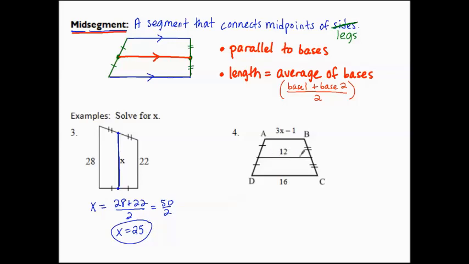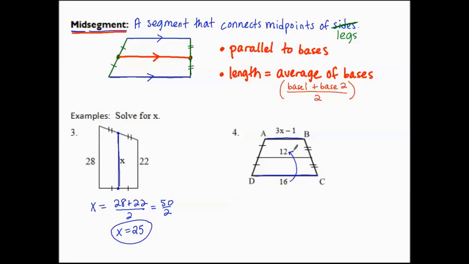This time I already have the midsegment. So think about how we are going to find this length right here. Well, remember that 12 is right in the middle. It has to be exactly in between this length up top and this length down bottom for the other base. Well, a couple ways we can do this. One way perhaps to think about it is to go from 16 to 12.